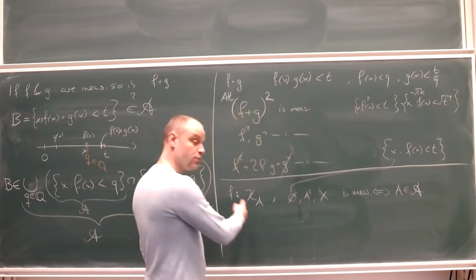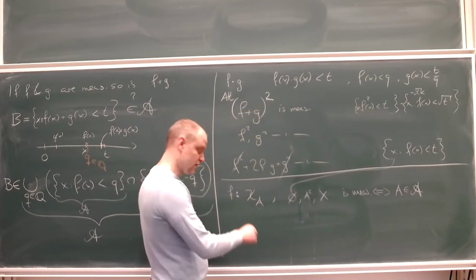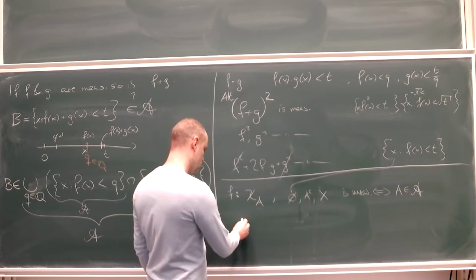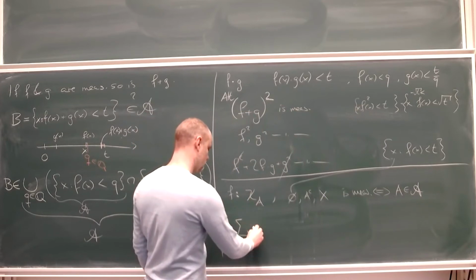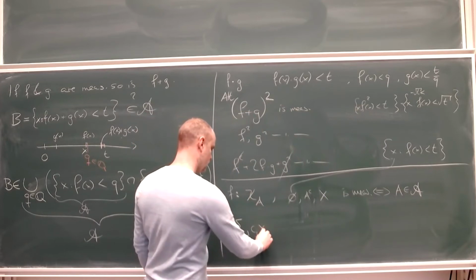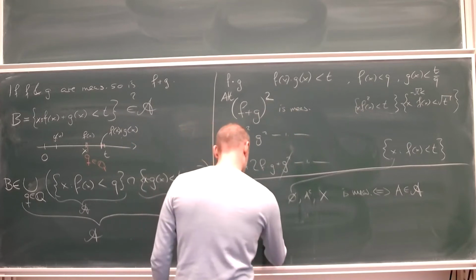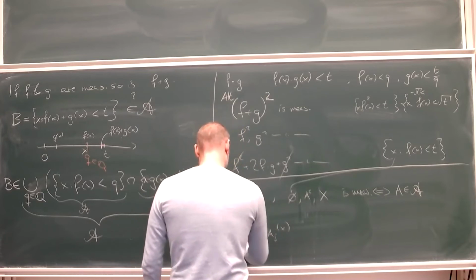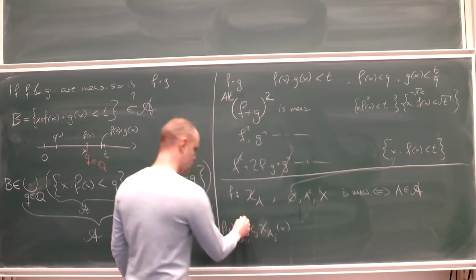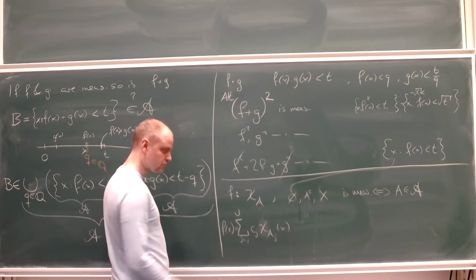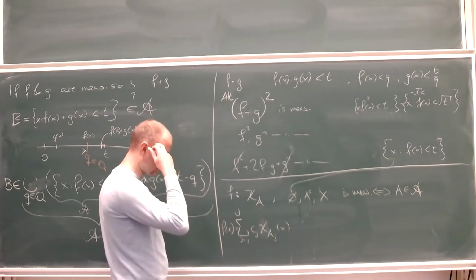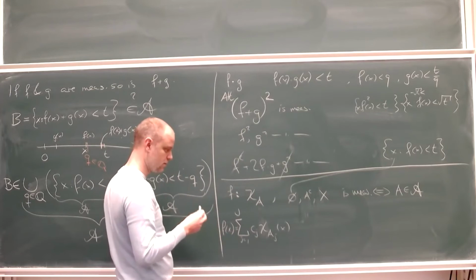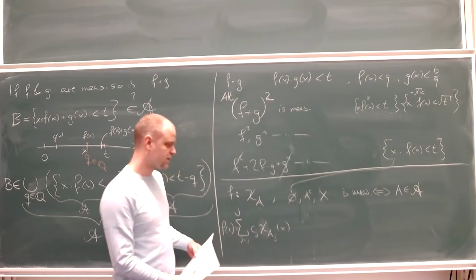And then we can start taking sums of this type. So if I do the sum of Cj times the characteristic function of Aj of x, j going from 1 to J, then it's the same logic.